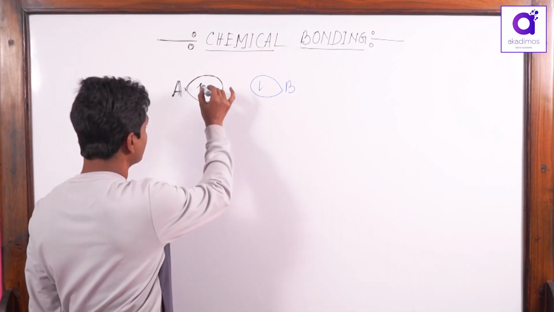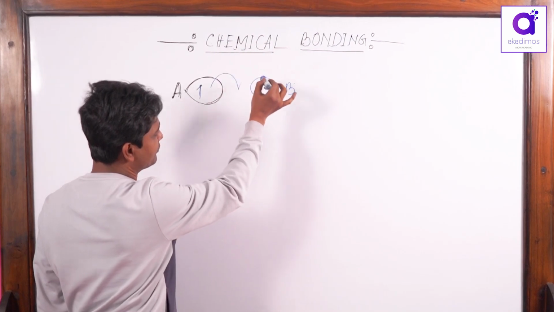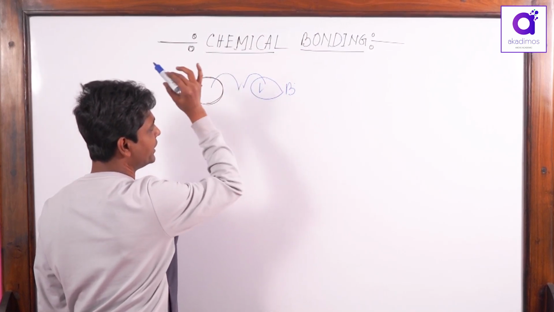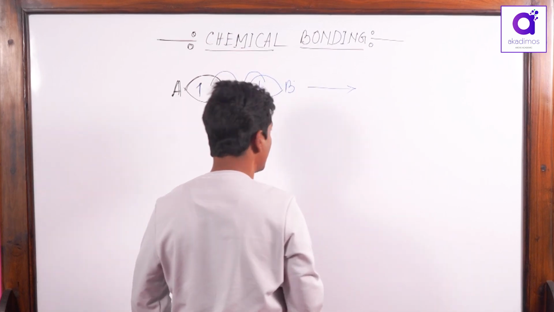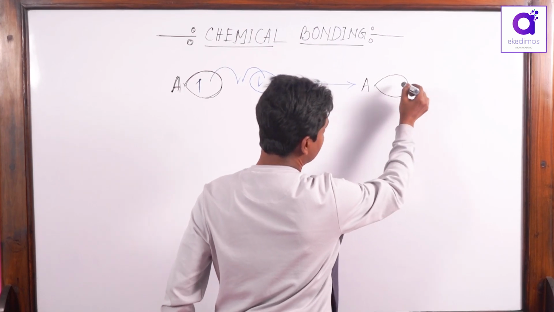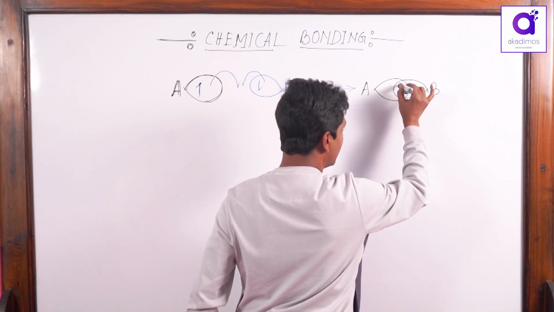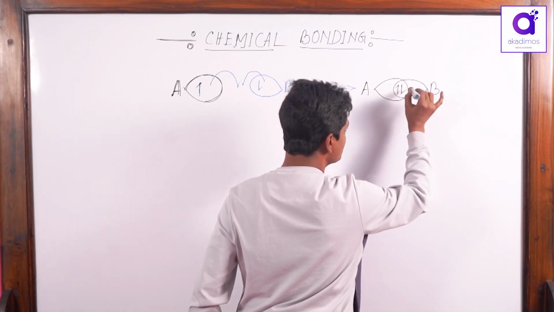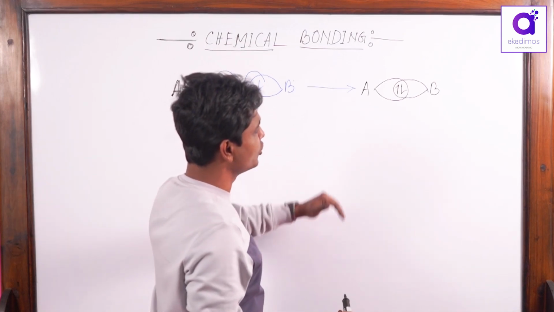Now, A atom with singly occupied orbital and B atom with singly occupied orbital will share to form a bond, that is covalent bond. A and B, two orbitals, and both will use these two electrons. Actually, they form a sigma or covalent bond.